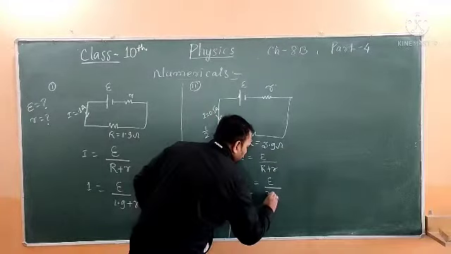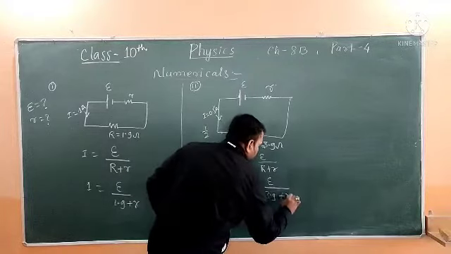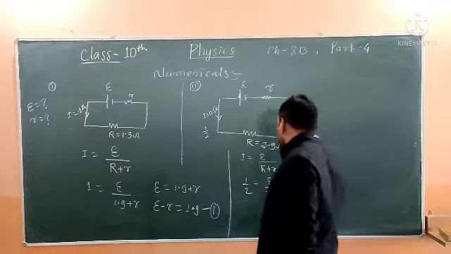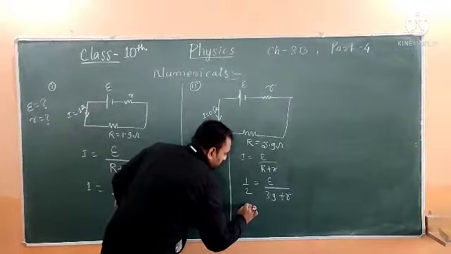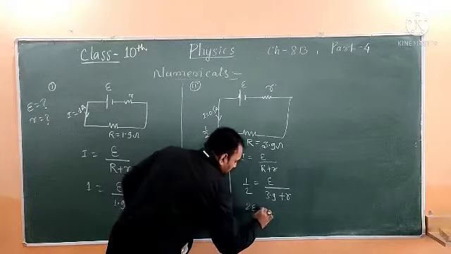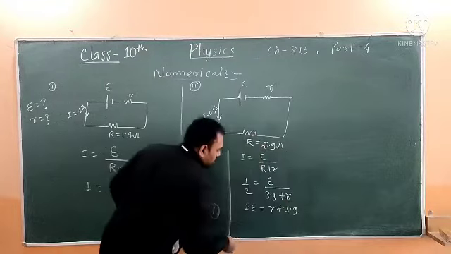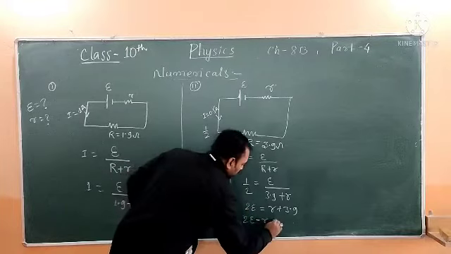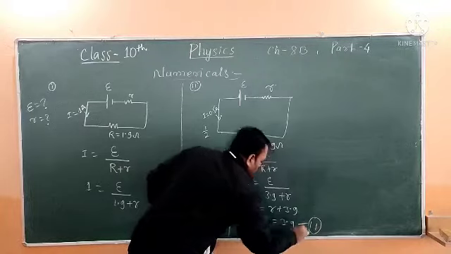Here R is 3.9 and there is a small r. So what will the equation be? By cross multiplying, you will get 2 epsilon is equal to r plus 3.9. So 2 epsilon minus r is equal to 3.9. This is the second equation.